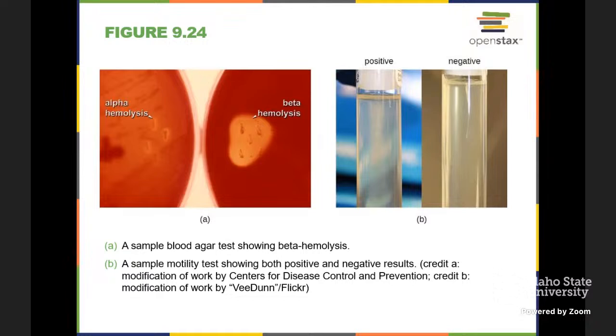It's got nutrients in there to help the bacteria grow, but the blood is providing the bulk of those nutrients, and it gets added after the media has been cooked, brought down to about 50 degrees Celsius. It aseptically gets added to those plates, about a 5% solution, and then the plates solidify.